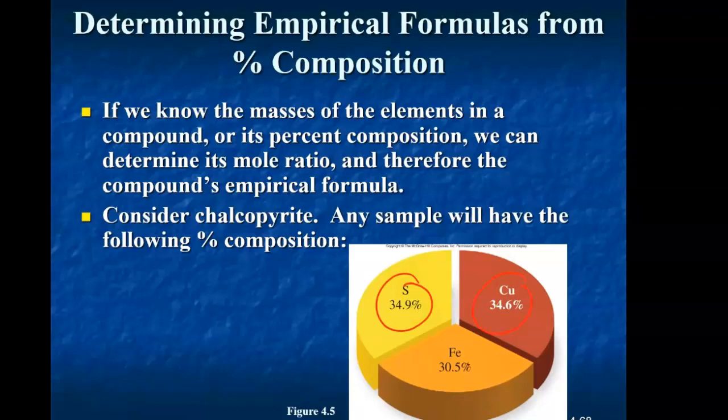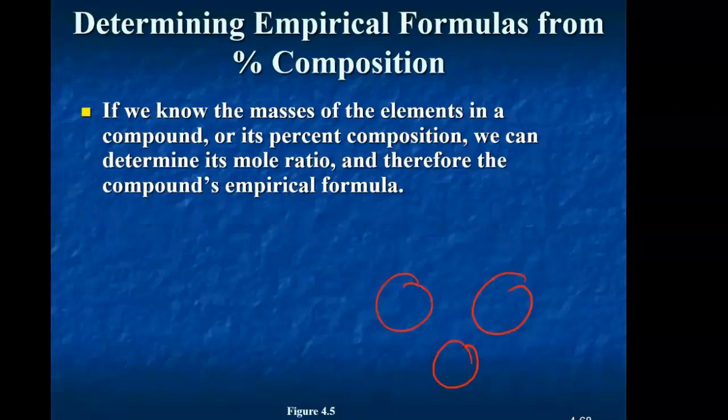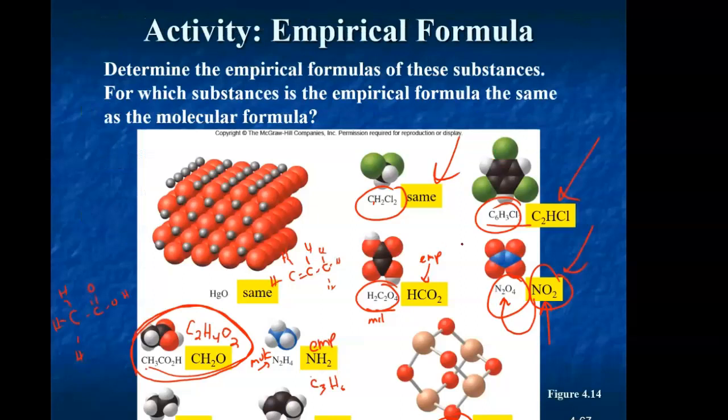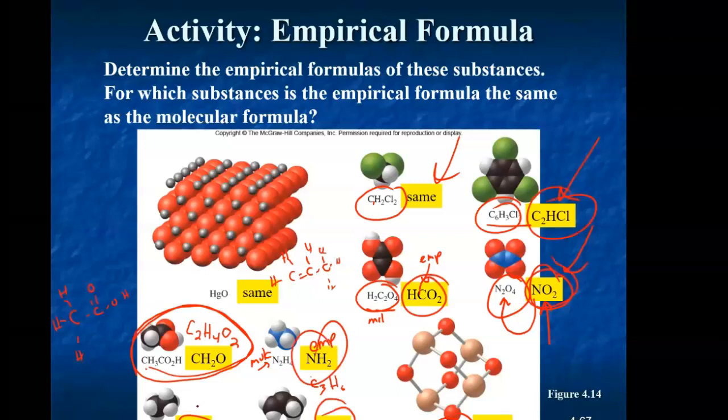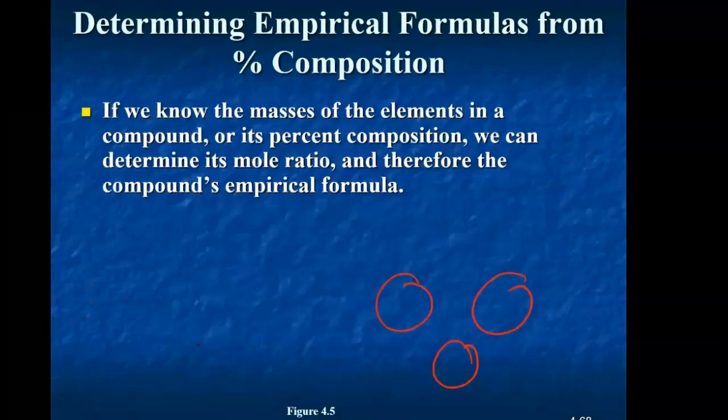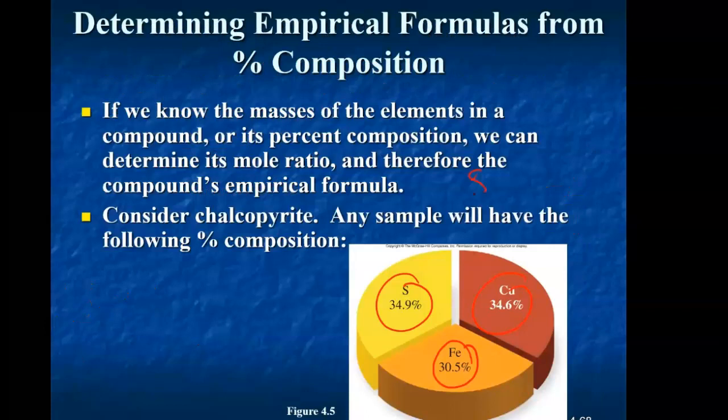So we're going to use these three numbers to figure out the empirical formula. So again, we're going to find out these formulas. The ones in the yellow, this is what our goal is, to try and figure out how do we know how many S's are there? How many Cu's are there? And how many Fe's are there?